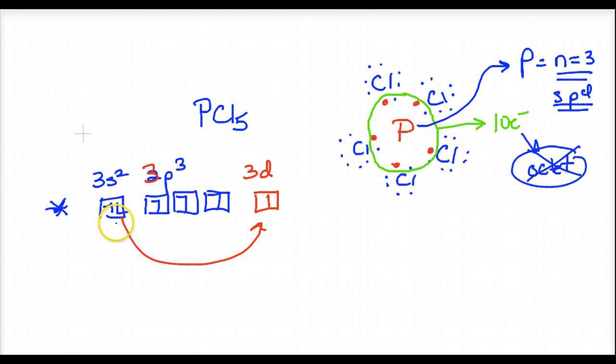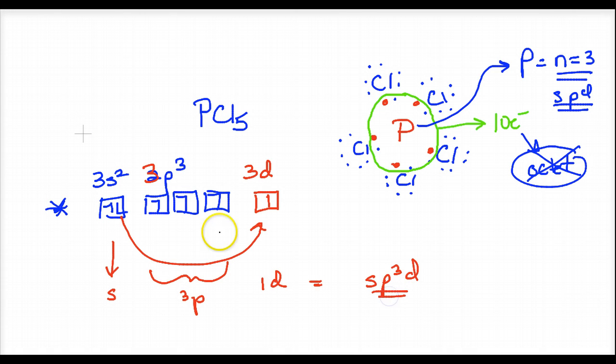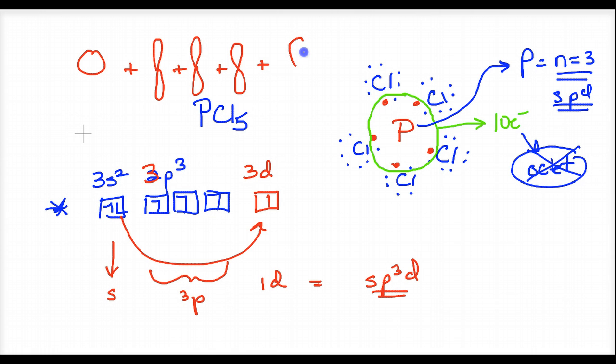And now you've got one s, you've got 3 p's, and then 1 d. So this becomes an sp3d orbital. What it means is an s plus 3p orbitals for this dumbbell shape, plus a d orbital, which I'm not really good at drawing, but one of the shapes kind of looks like a pacifier, the ring around.